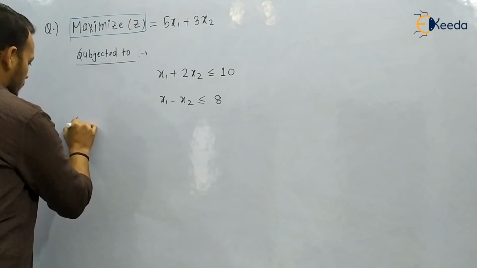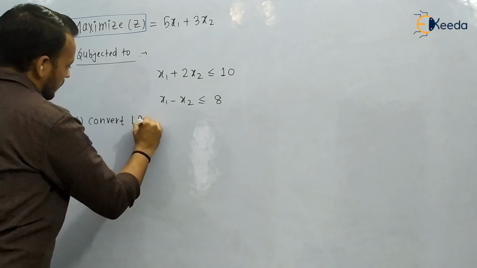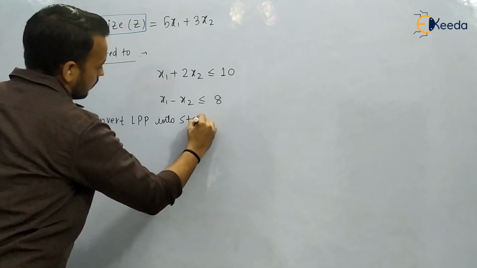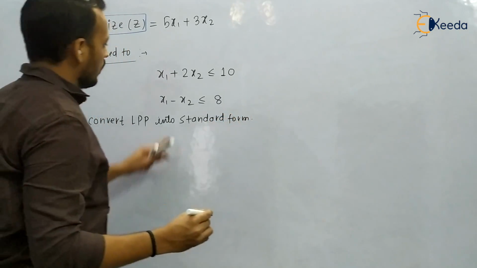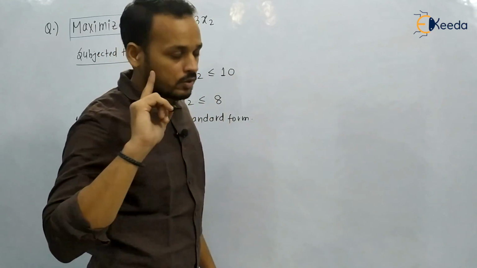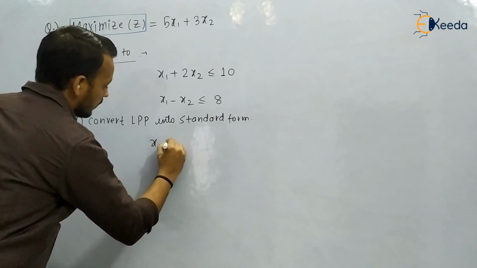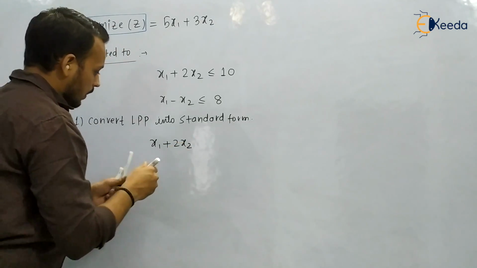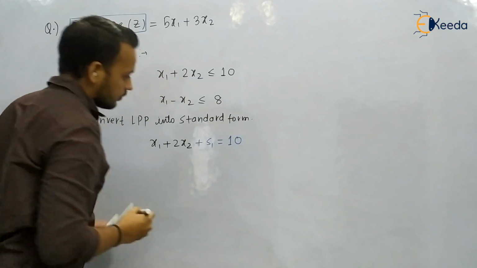The first step is to convert the LPP, the linear programming problem, into standard form. A standard form says that all the constraints should be of equality type and the RHS value should be positive. The first constraint, x1 plus 2x2, is less than or equal to type, so we add a slack variable: x1 plus 2x2 plus s1 equals 10.